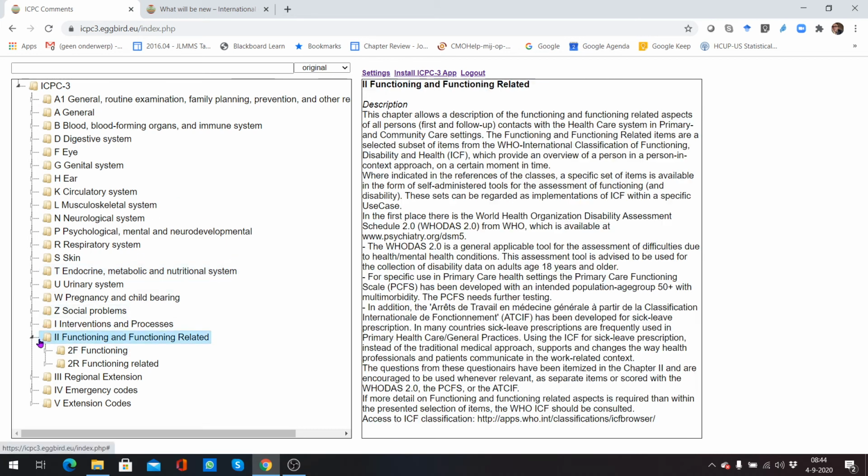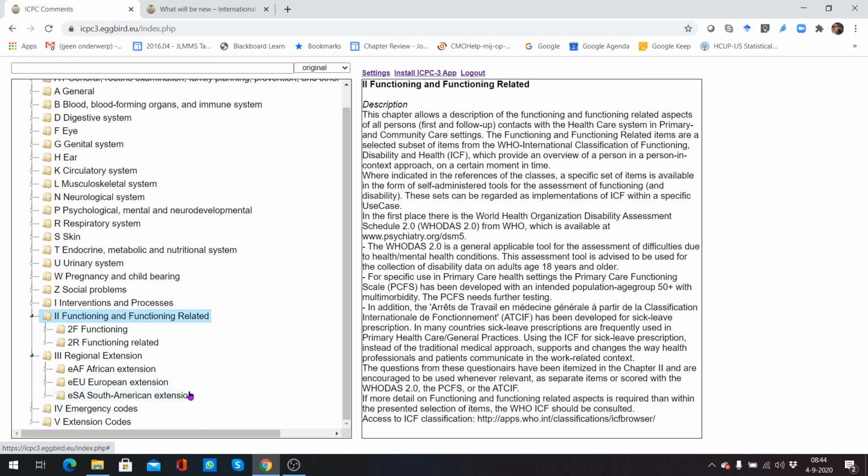In addition to the 20 chapters that form the core of the classification, there are 3 additional chapters. Chapter R, with the regional extensions. These are classes that have been assigned 6-digit codes based on the frequency in national and regional care registrations.